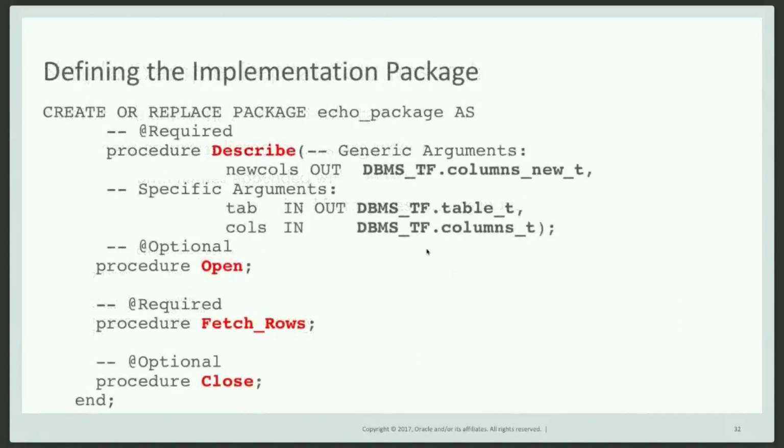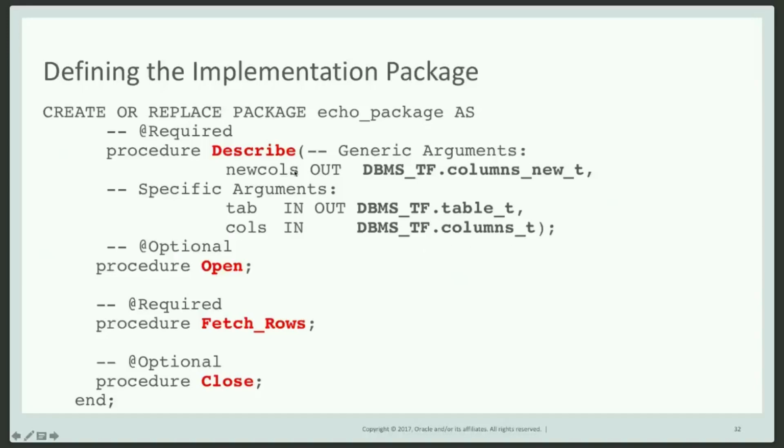So just looking at that very simple package called echo, how would I define that? I have to create a new package. Remember I said there were 4 procedures: describe, open, fetch, close. I need to provide inputs on the way that the data is going to be processed and the inputs that I'm expecting.